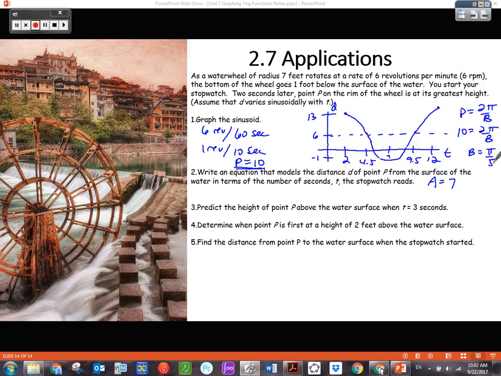So I have A and I have B. C. So if you look at that, we've had a phase shift, right? Cosine is supposed to start on the y-axis, but cosine is starting right 2. See that? So our C value would be right 2. Which we know when we write it is going to be minus 2.